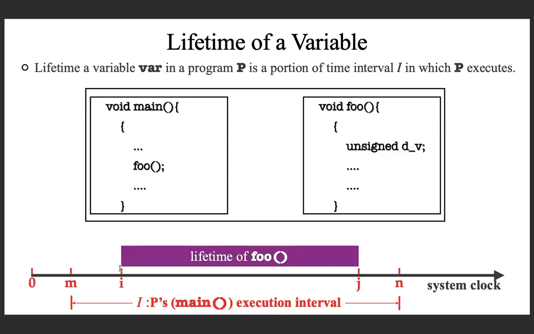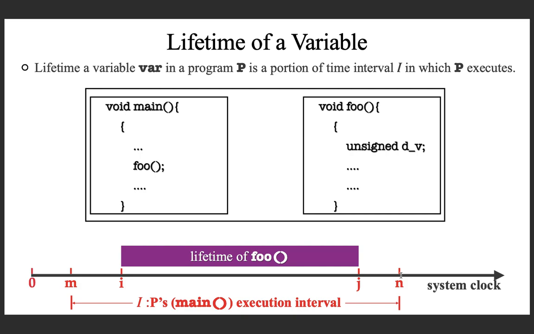So foo starts at some time instant, say i, and it executes, and suppose foo also terminates. That means foo finishes its execution at time instant j. So this is the scenario that we have. The main function starts here and ends here, and during the execution main calls foo and it stops here and again main is executed for some more time and finally main finishes at this point.